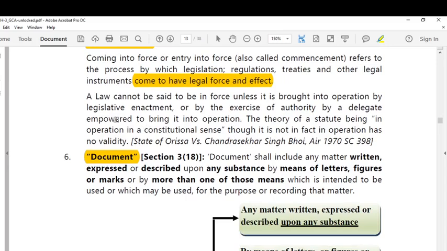The law cannot be said to be in force unless it is brought into operation by legislative enactment or by the exercise of authority by a delegate empowered to bring it into operation. The theory of a statute being in operation in a constitutional sense, though it is not in fact in operation, has no validity.